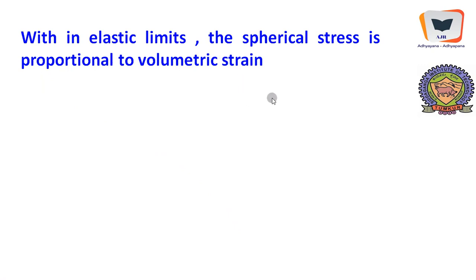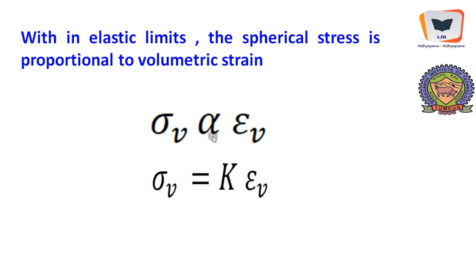Within elastic limits, the spherical stress is proportional to volumetric strain. We will write this in the form of a notation. So sigma v is proportional to epsilon v, and if we remove this proportionality symbol, we will get sigma v equal to k times epsilon v, and this k is what is called as modulus of bulk, or bulk modulus.